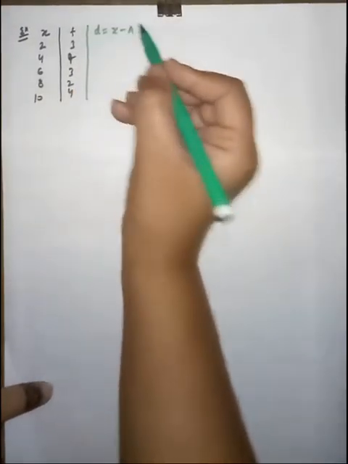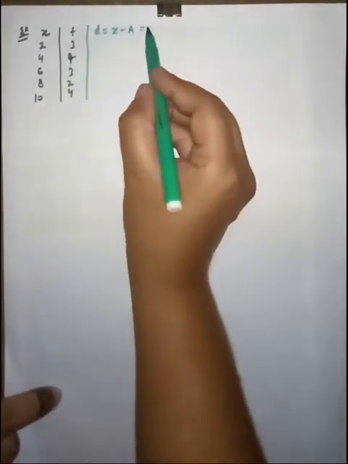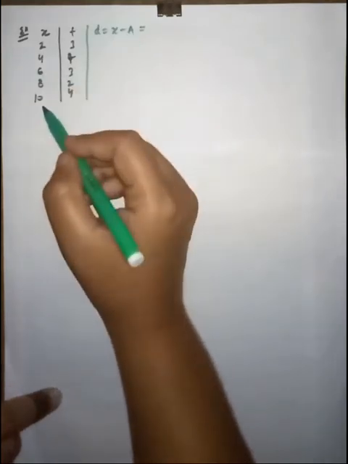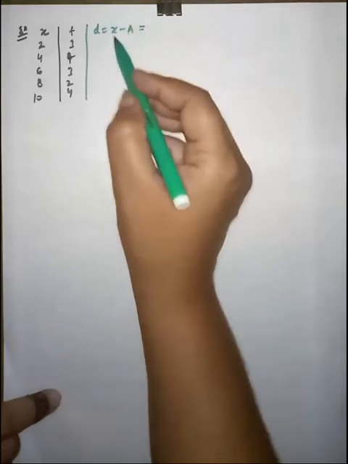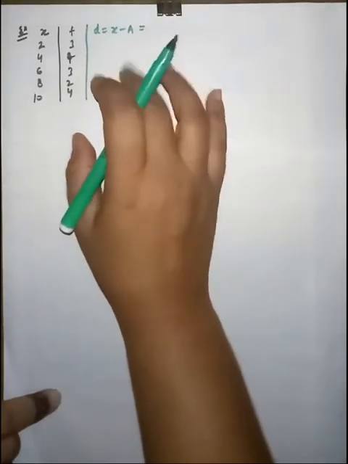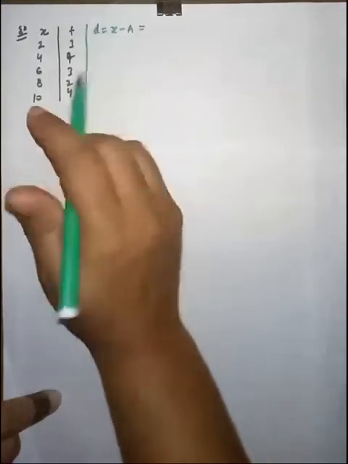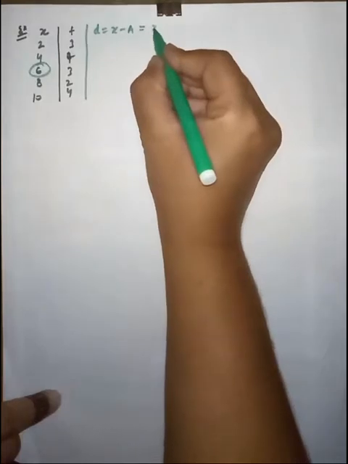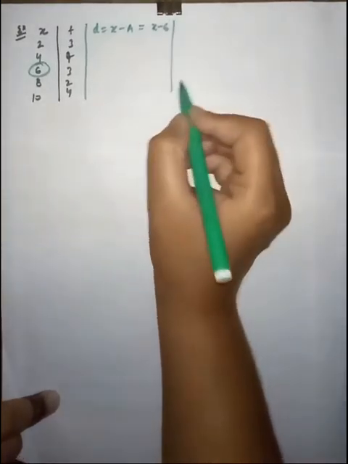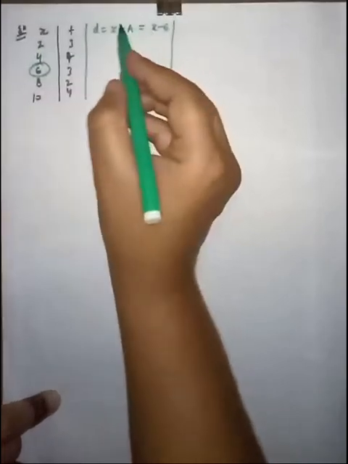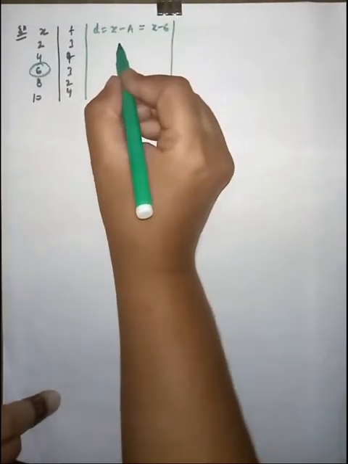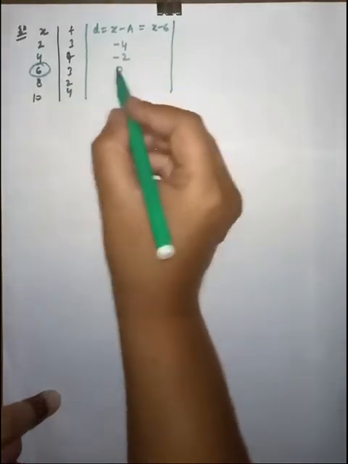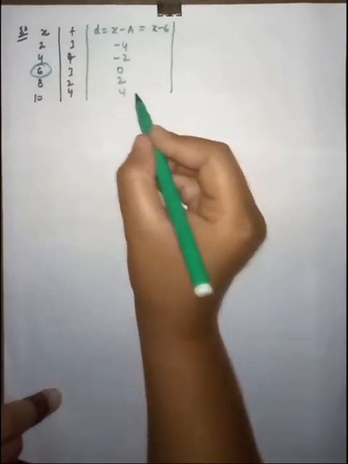In this case, consider the assumed mean: when you are finding the standard deviation, you take the middle value of x. Here the value is 6, so this is x minus 6. Now find the deviations. 2 minus 6 is minus 4, 4 minus 6 is minus 2, 6 minus 6 is 0, 8 minus 6 is 2, and 10 minus 6 is 4, right?